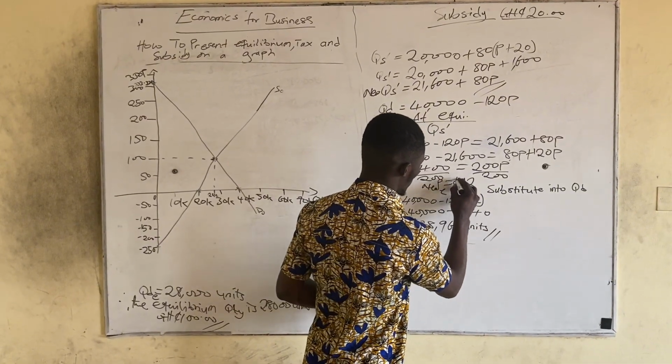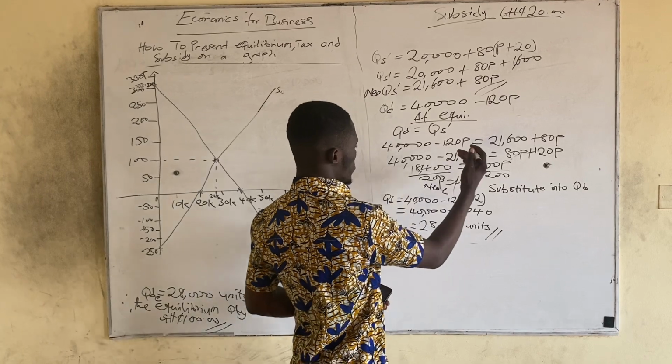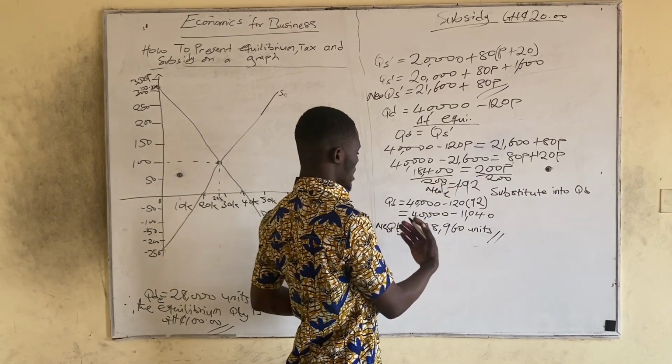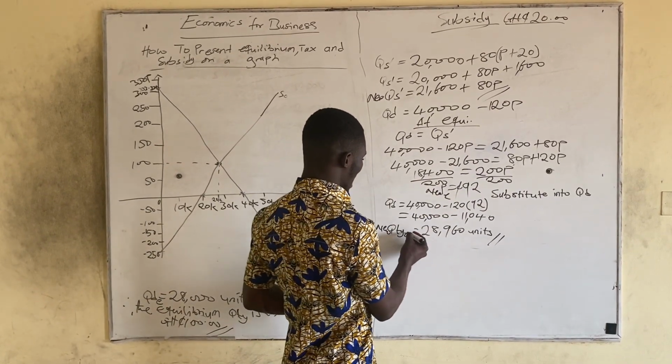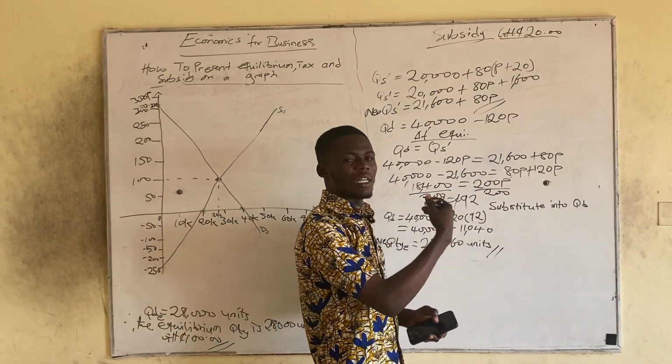So this is our new equilibrium price and new equilibrium quantity after the authorities give subsidies.